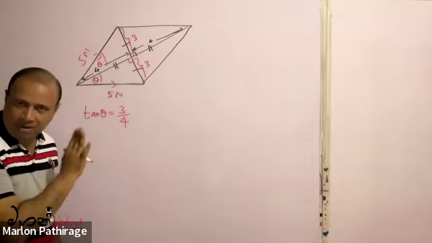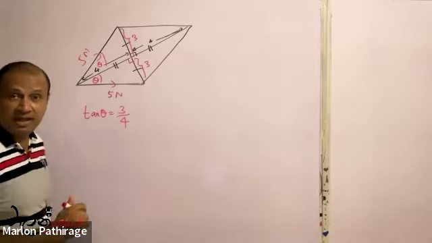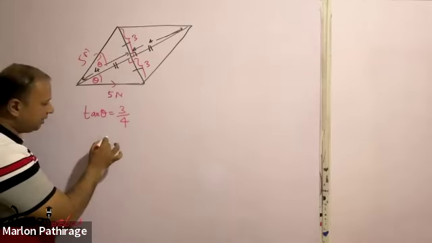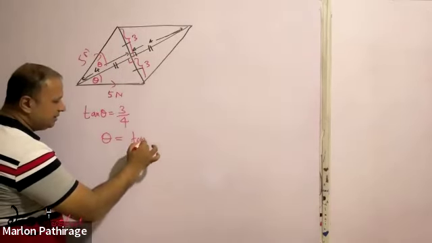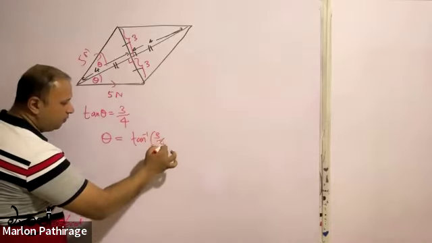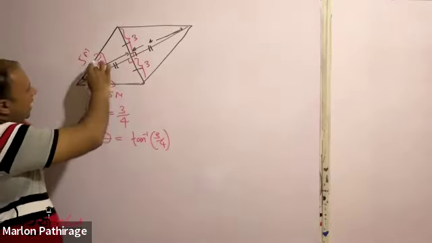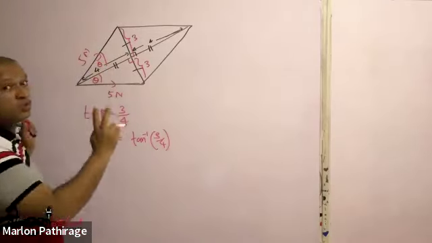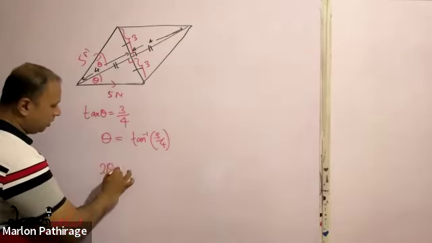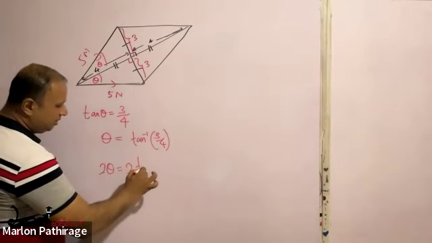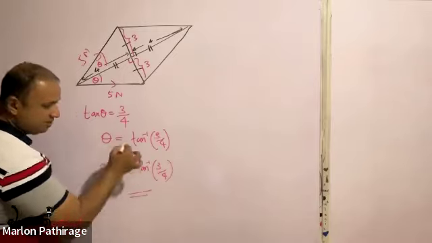But remember, this is not the angle; you have to take the inverse. Theta is tan inverse 3 over 4. But the angle between these two is 2 theta, not theta. Therefore, 2 theta is equal to 2 times tan inverse 3 over 4. So this is the angle.